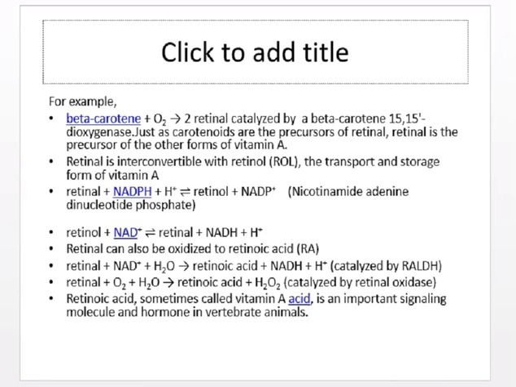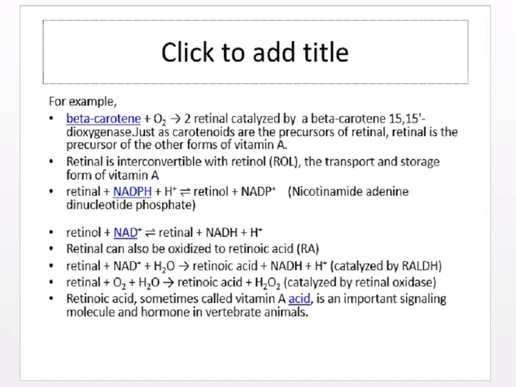Just as carotenoids are the precursor of retinal, retinal is the precursor of other forms of vitamin A. Retinal is interconvertible with retinol, the transport and the storage form of vitamin A. So it's a precursor of vitamin A.